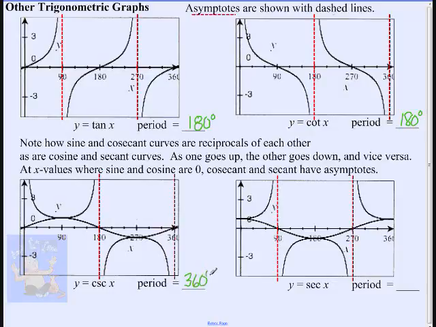So a few tips here on how to graph. And on this one, if you want to do a secant graph, start with cosine. See how that graphs? Every place you have a 0, that's where you've got an asymptote. And just like cosecant, just like cosine, just like sine, 360 degrees.